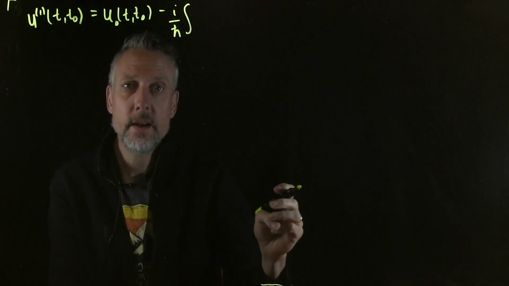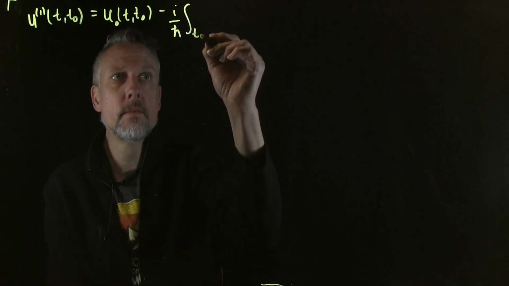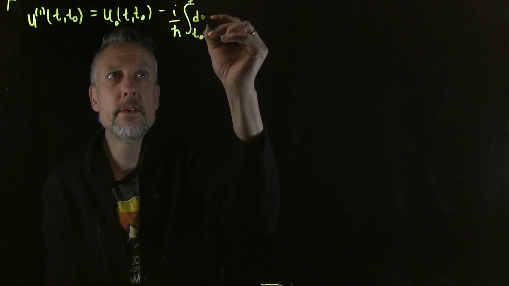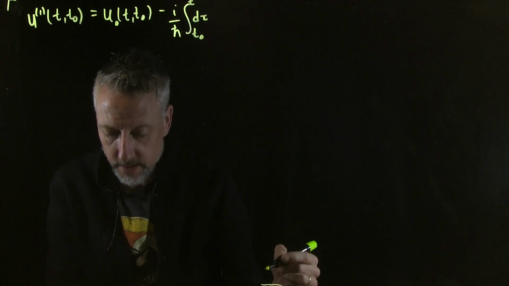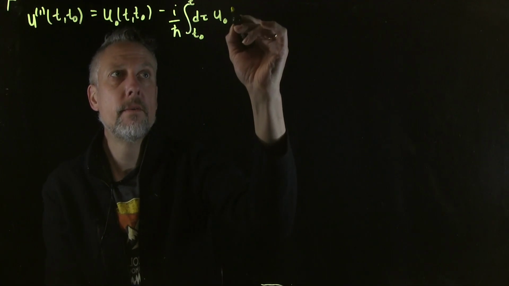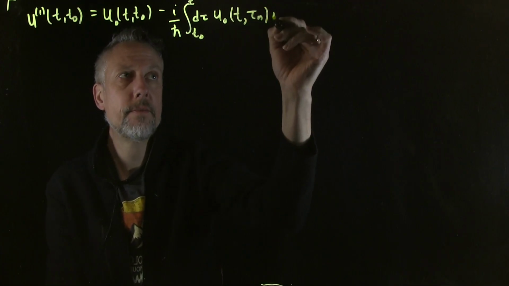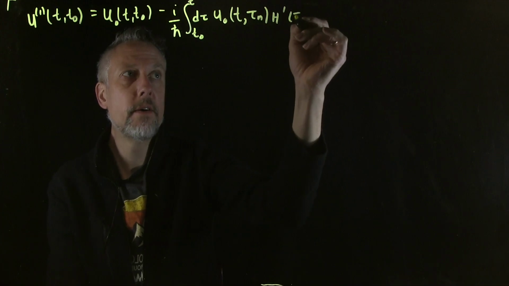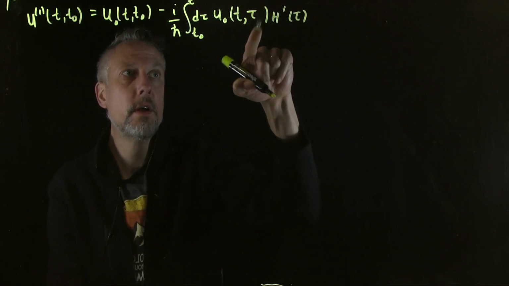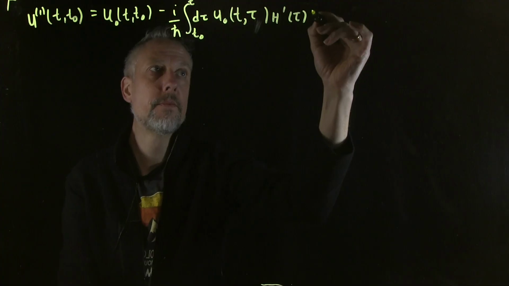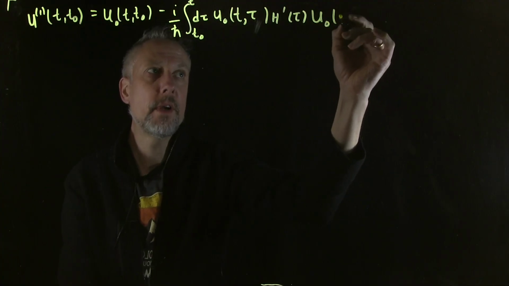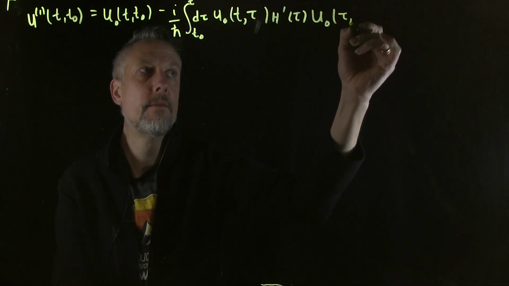Think of that, if you want, as the molecule. Then we have the light, the field that's going to be on, and we know how that shows up. That's going to be the last little bit, H primed of tau, not tau n, there's only one tau in this case. Then we have the first little bit before we get to tau.